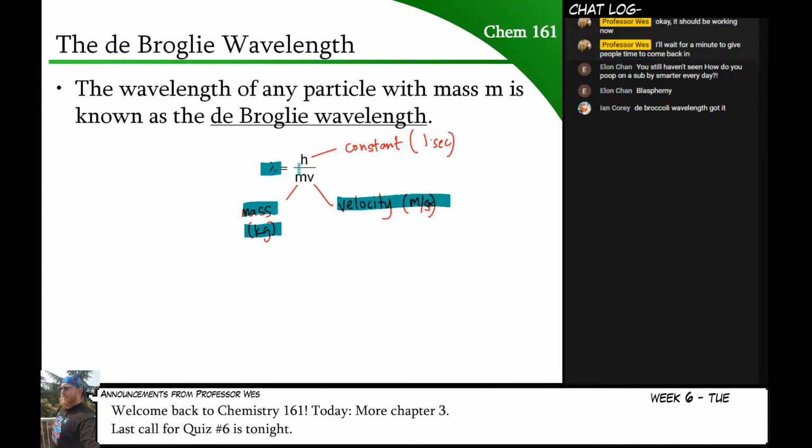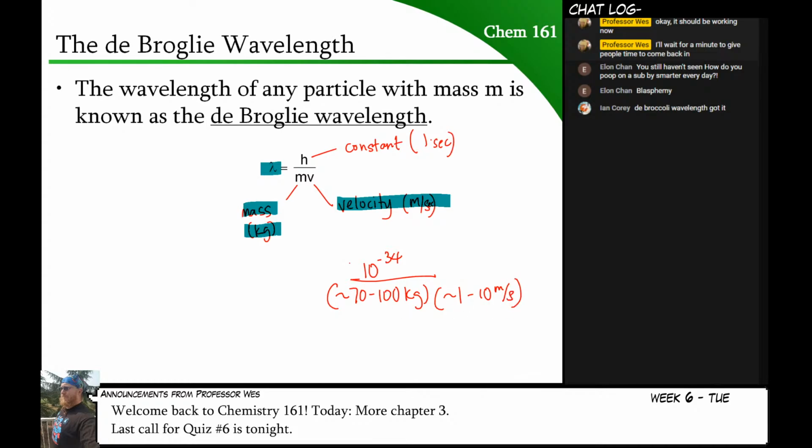Now, notice that we're starting with Planck's constant and dividing by mass. So your wavelength is going to be so tiny because Planck's constant is a number that's about this much, and your mass is about this much, so this gets even smaller. And then depending on your velocity, I don't know, we'll say 1 to 10 meters a second, this gets smaller still.